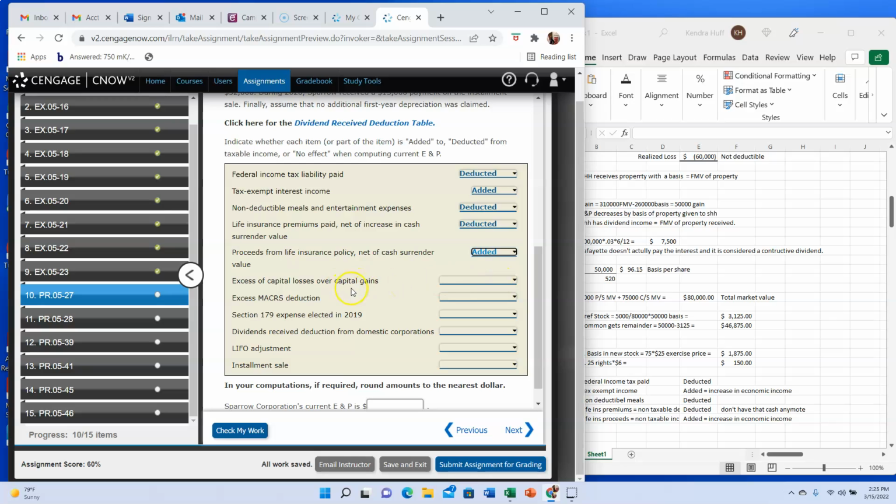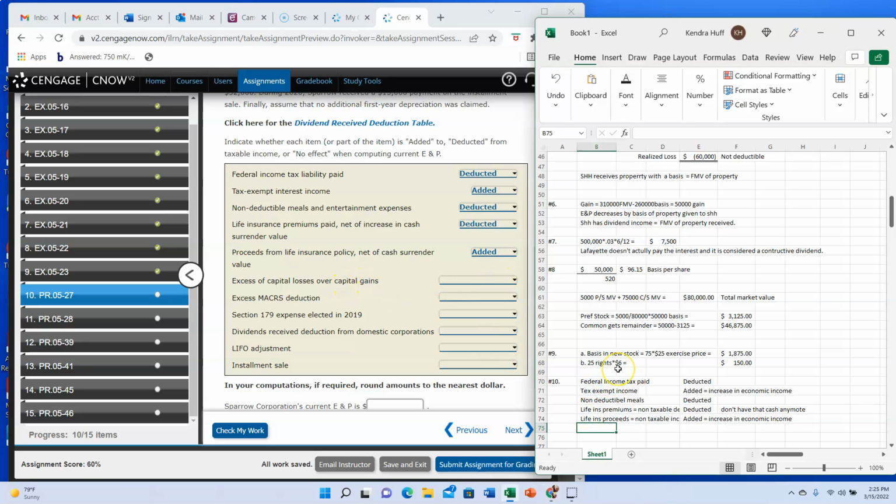All right, excess of capital losses over capital gains. Oh, my gosh. All right, we don't get to deduct those losses, but we did have them, so we need to subtract them on out.